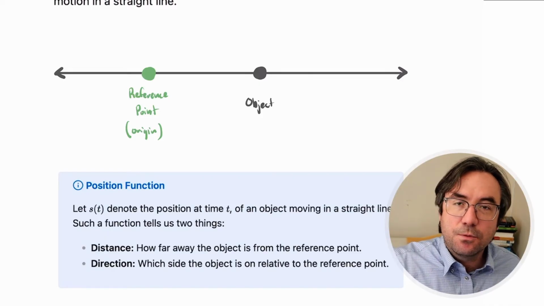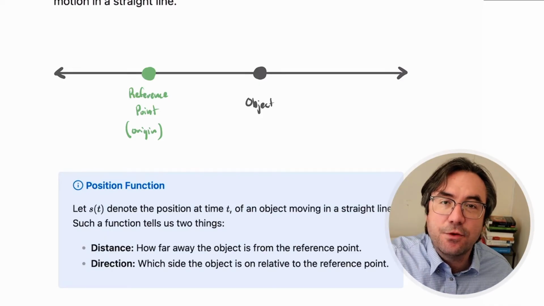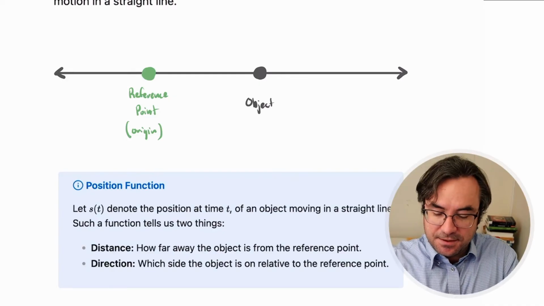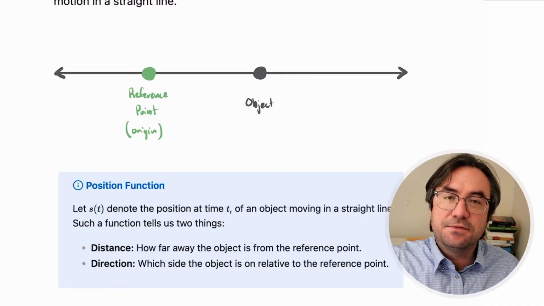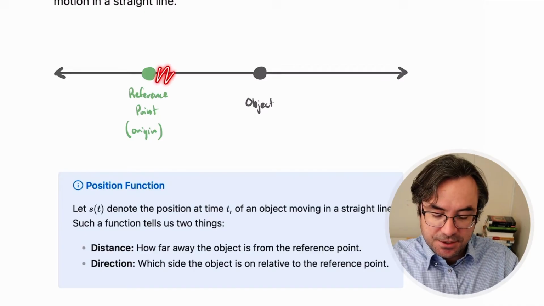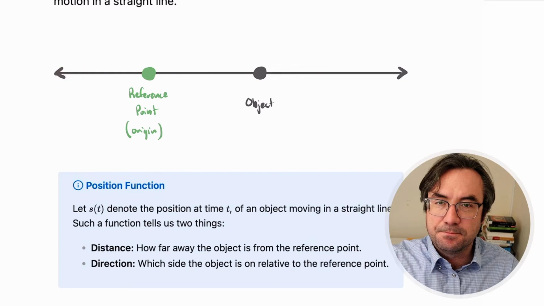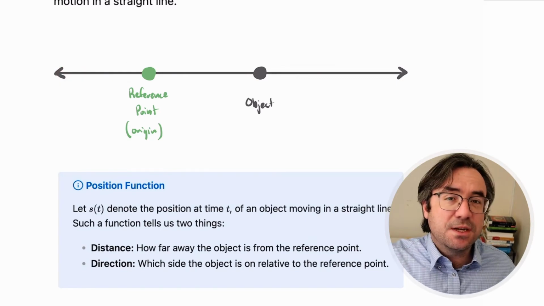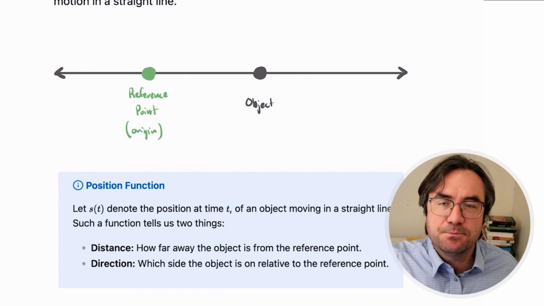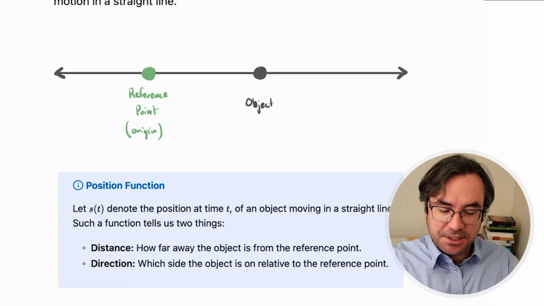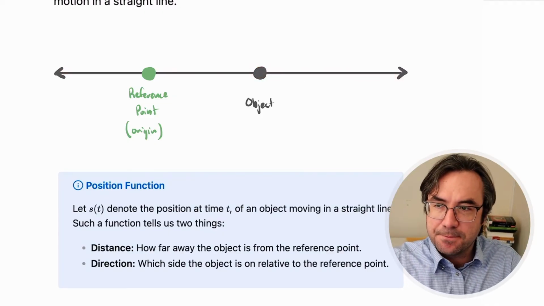And just like with the x-axis and the y-axis, there's kind of two sides relative to this reference point. There's the side over here, and then there's the side over here. So we want to make some directionality here to our universe. So we want to be able to distinguish, is our object on one side or is our object on the other side?